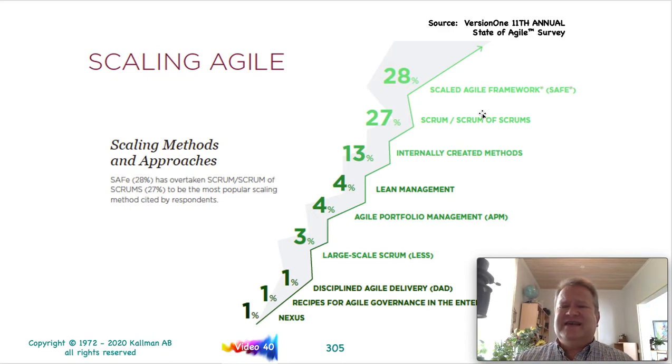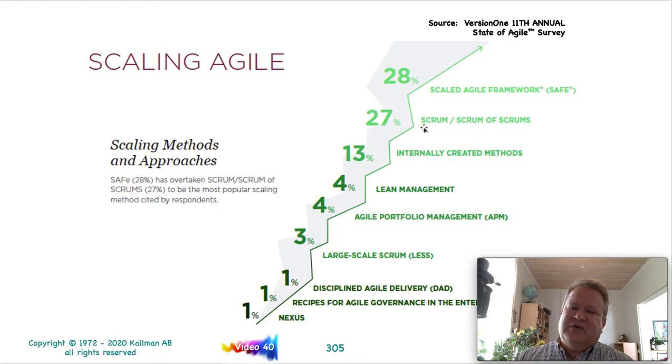When you get into scaled agile methodologies, SAFe, the Scaled Agile Framework, is 28, 29%. They've been right around there for the last 3, 4, 5 years. Scrum of Scrums, personally, I don't even believe that should be on the list as a scaled framework. Or I guess they're doing methods and approaches, so I guess that's okay.